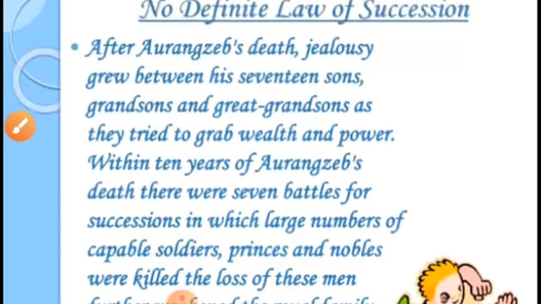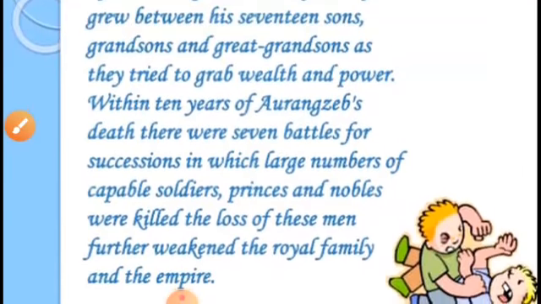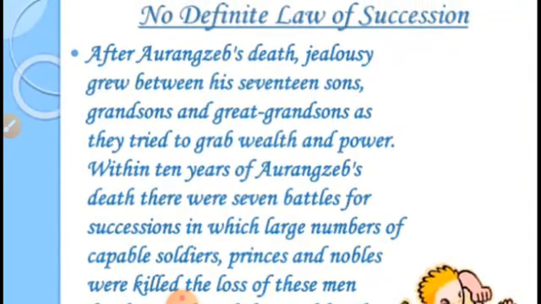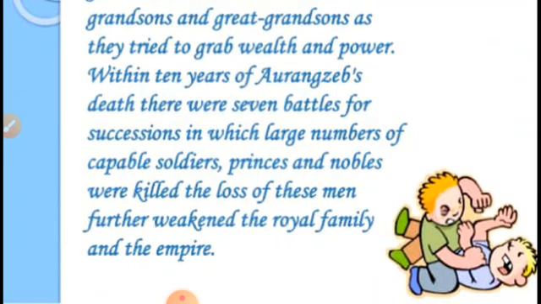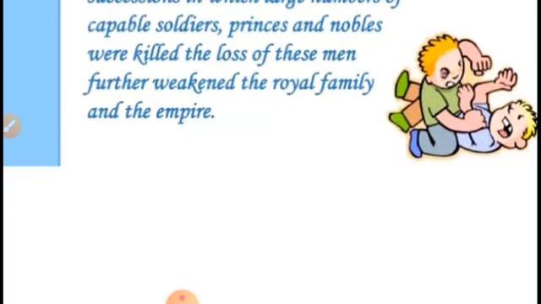So the war of succession played a very important role in the decline of the Mughal Empire, because they lost a lot of power and wealth, and the empire became very weak and inefficient to rule over the country.